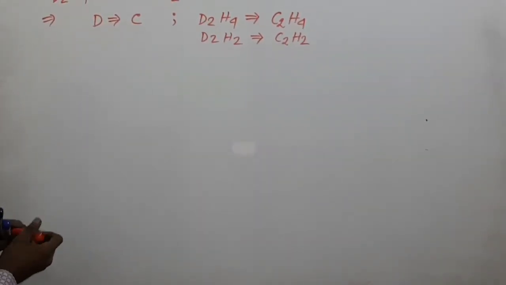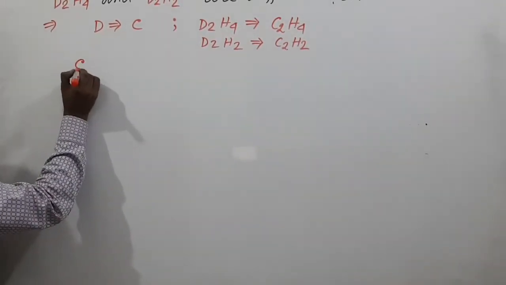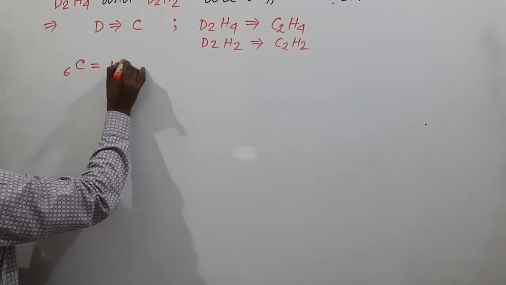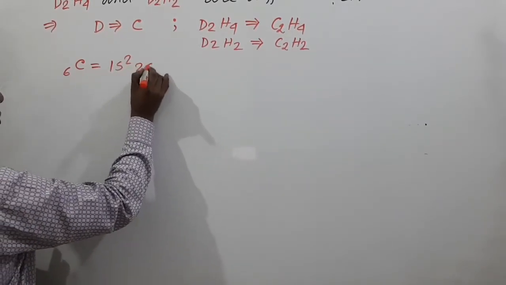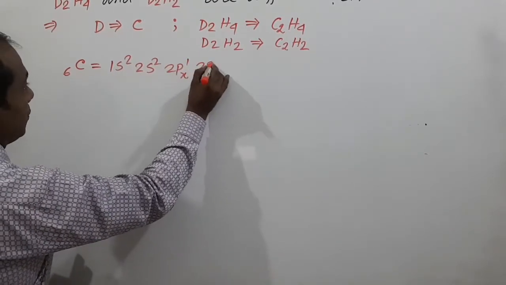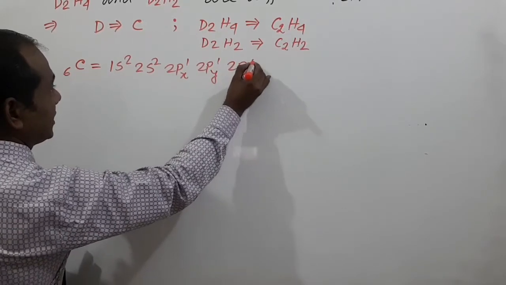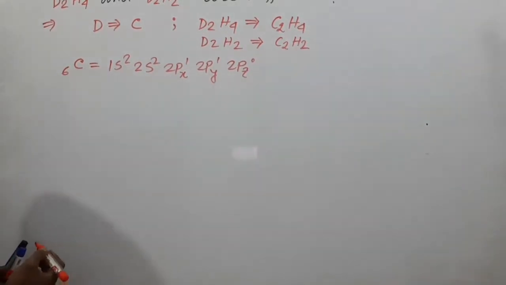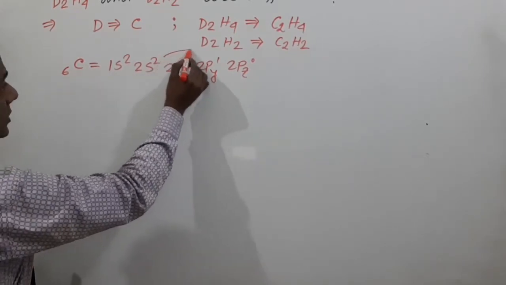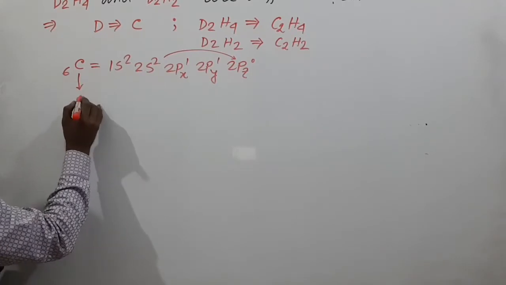So here the central atom of ethene is carbon. This is carbon 6. Electronic configuration of carbon is 1s2, 2s2, 2px1, 2py1 and 2pz0. My dear students, here in excited state, one electron shifts from 2s2 orbital to 2pz0 orbital.